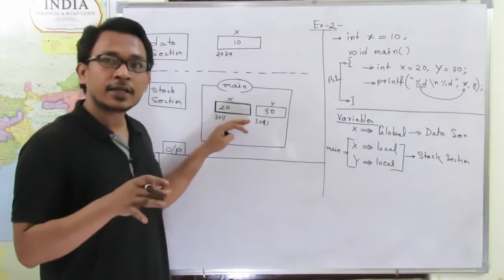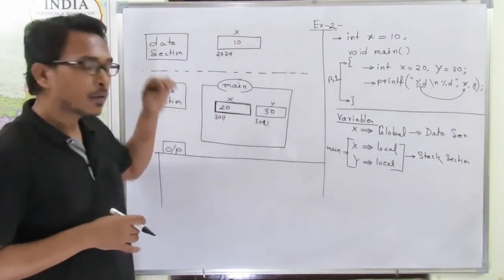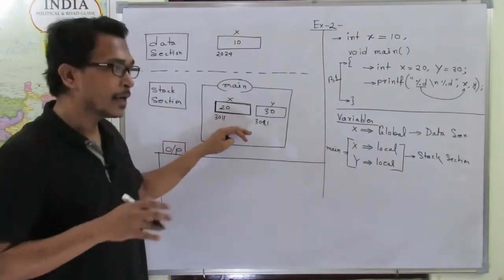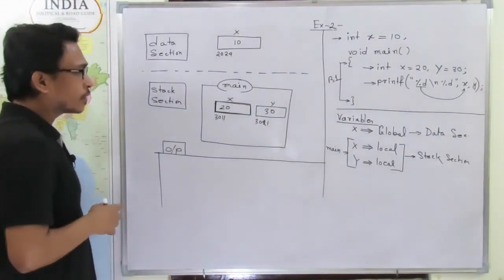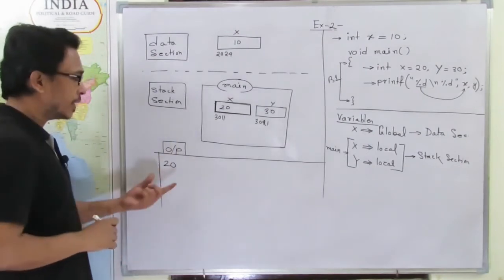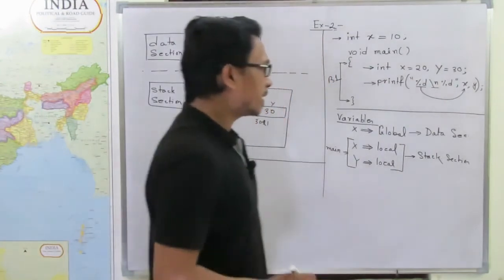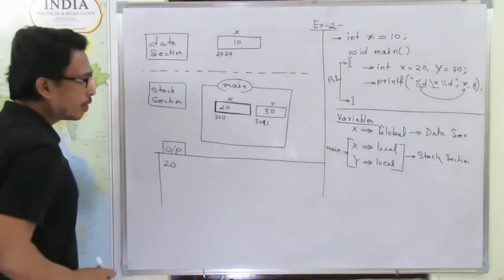That means here the system will not go for the global x. It will work with the local x and display the value of x, which is 20 in this case. Now we get the value 20 in our output, and then the next instruction is \n, that means the system will come to a new line.